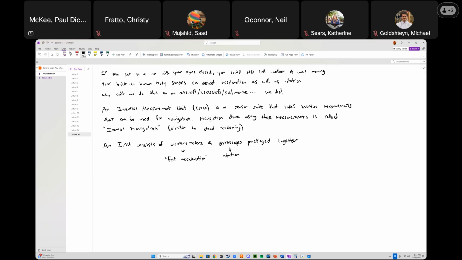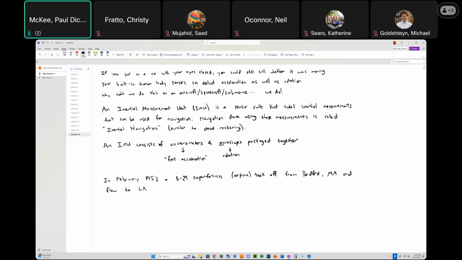So in February 1953, a B-29 Superfortress, it's an airplane, took off from Bedford, Massachusetts, and flew to LAX, Los Angeles International Airport.